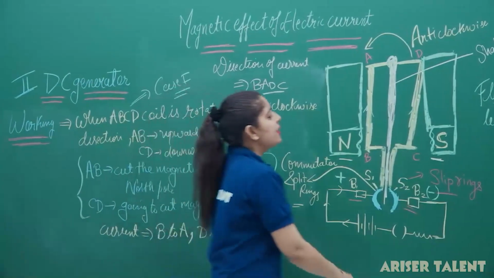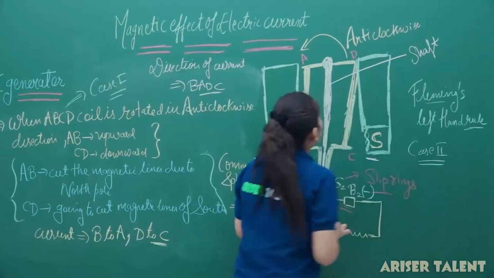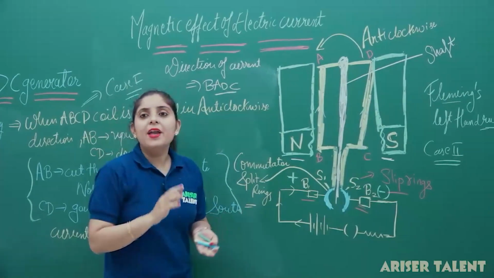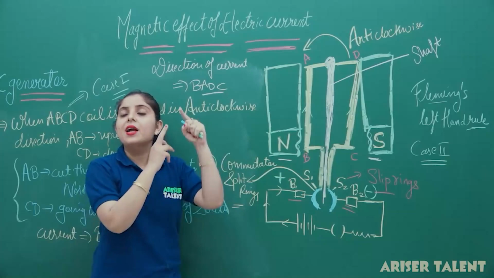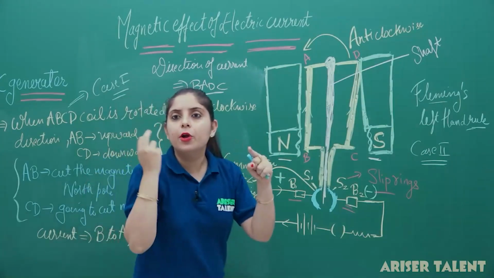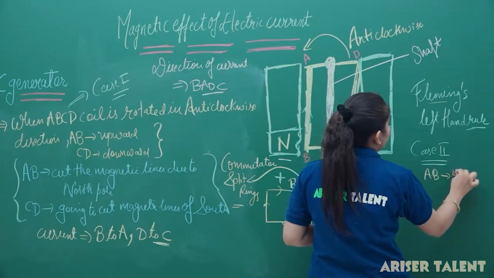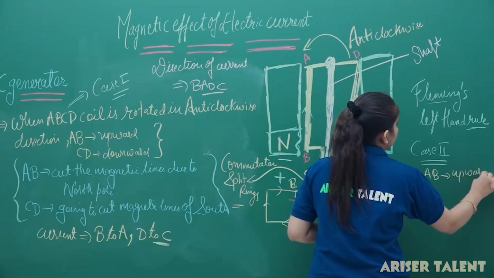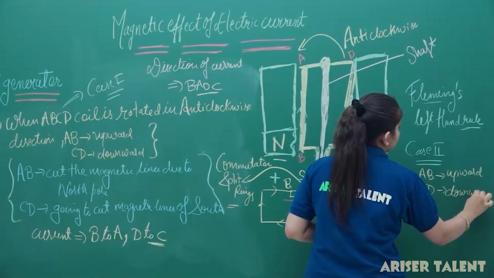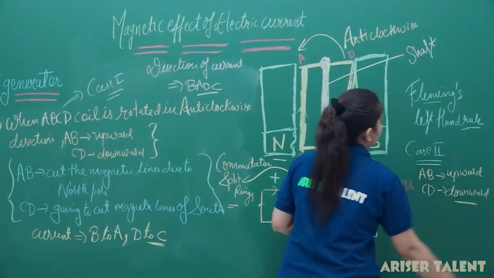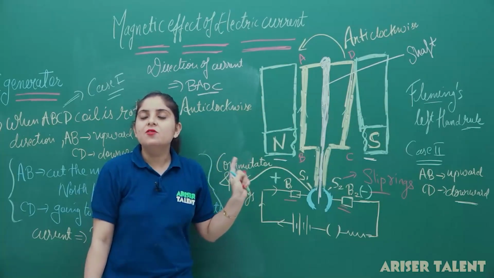If I am considering case number 2, if I rotate this coil in a clockwise manner, AB will come in the upward direction and CD is going to be in the downward direction. So AB will come upward and CD will go downward. So in this case, what will happen?